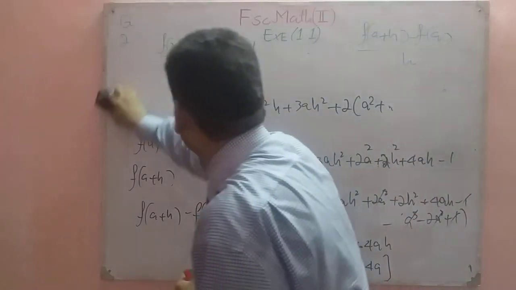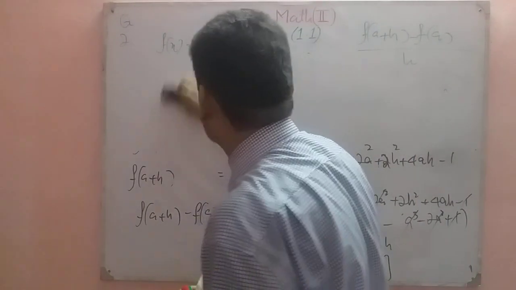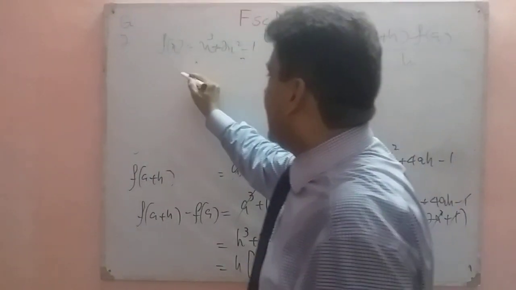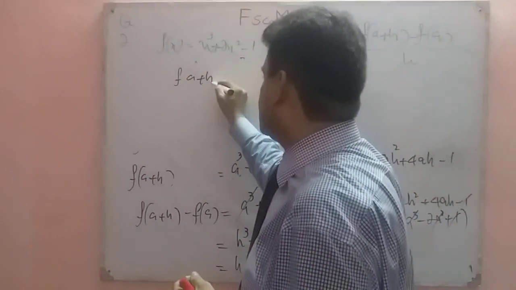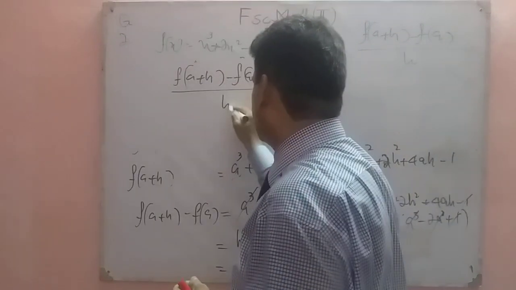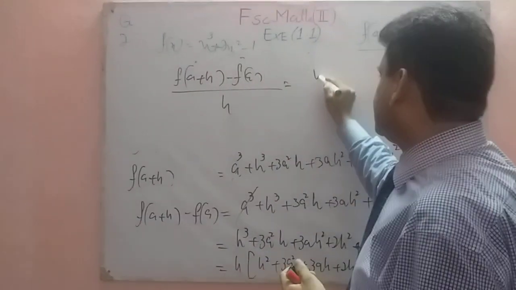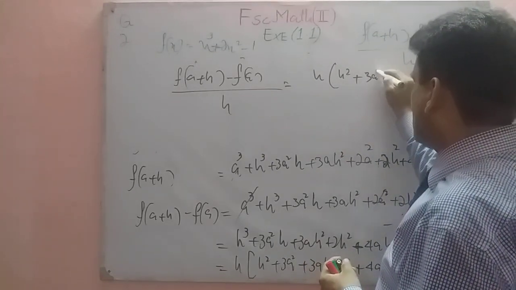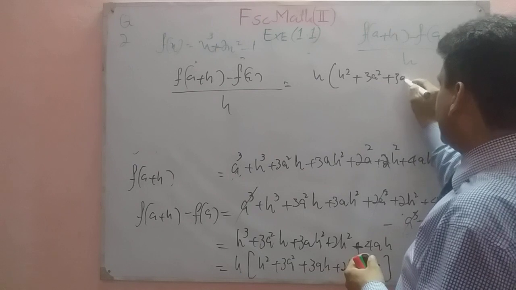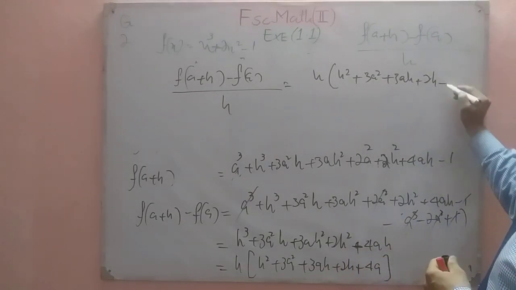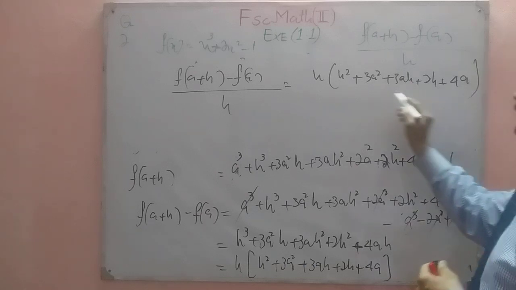After dividing both sides by h, we will get f of a plus h minus f of a by h equal to h multiplied by h square plus 3a square plus 3ah plus 2h plus 4a divided by h.